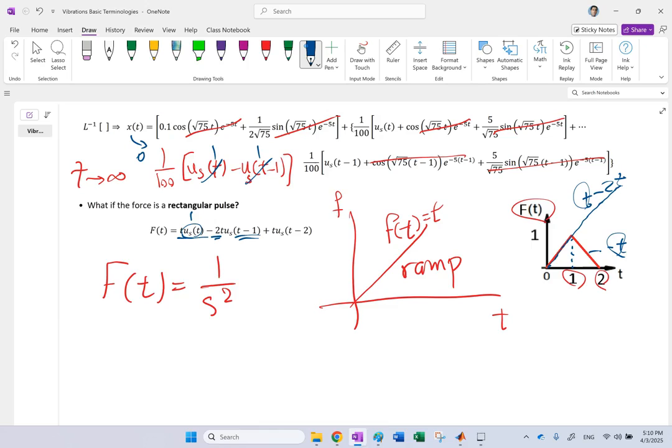So at t of 1, you bring in a function with a slope of negative 2t. So when you combine it with that first one, after this point, the slope of the line becomes negative 1t.